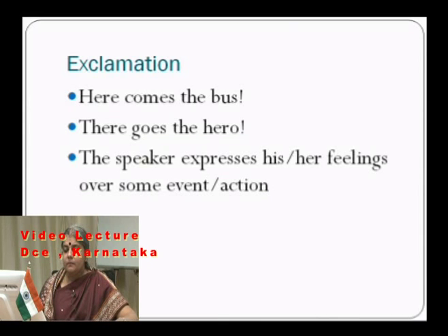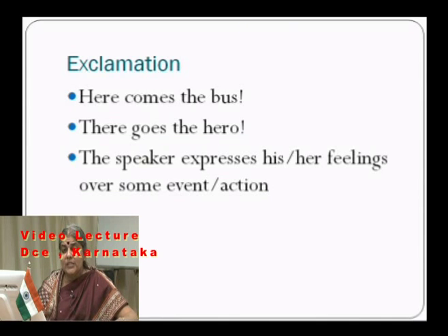Exclamation. Here the speaker expresses his or her feelings over some event or action. What are his or her feelings? Here comes the bus. Probably you are waiting for a bus.